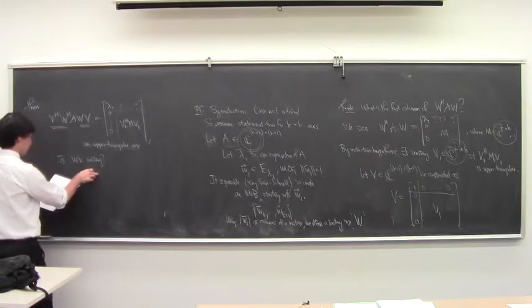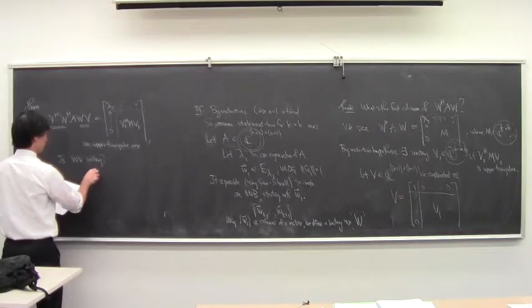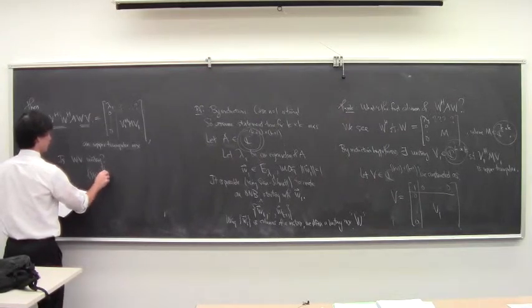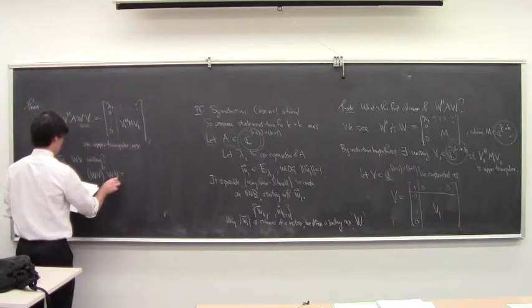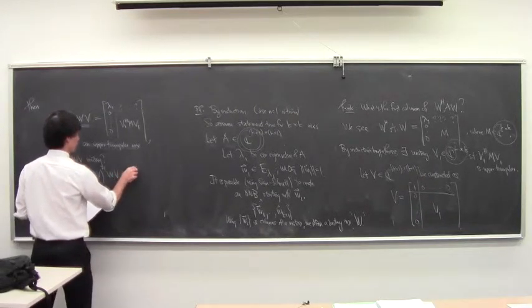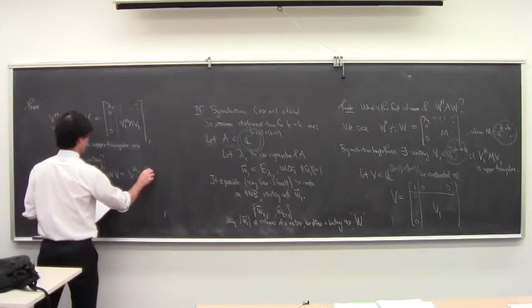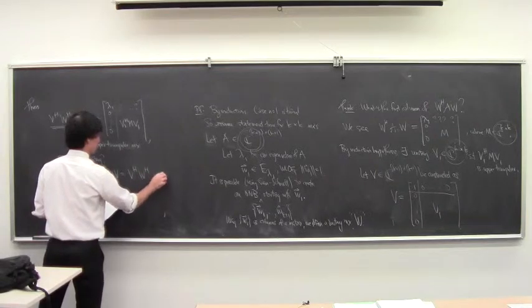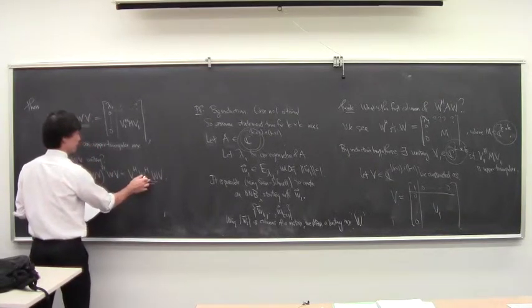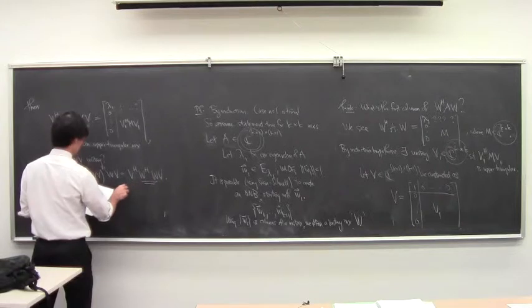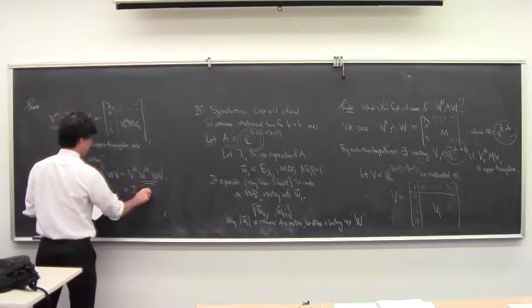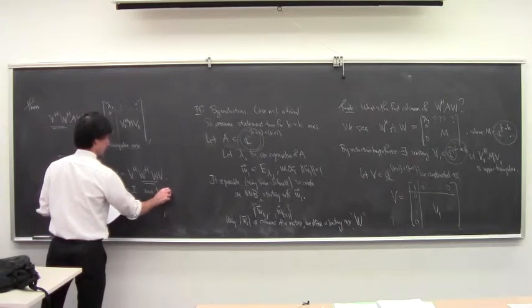And it is, because if you take WV^H against WV, you end up with V^H W^H W V, and this is the identity, and this is the identity, which is good, since W and V are unitary.